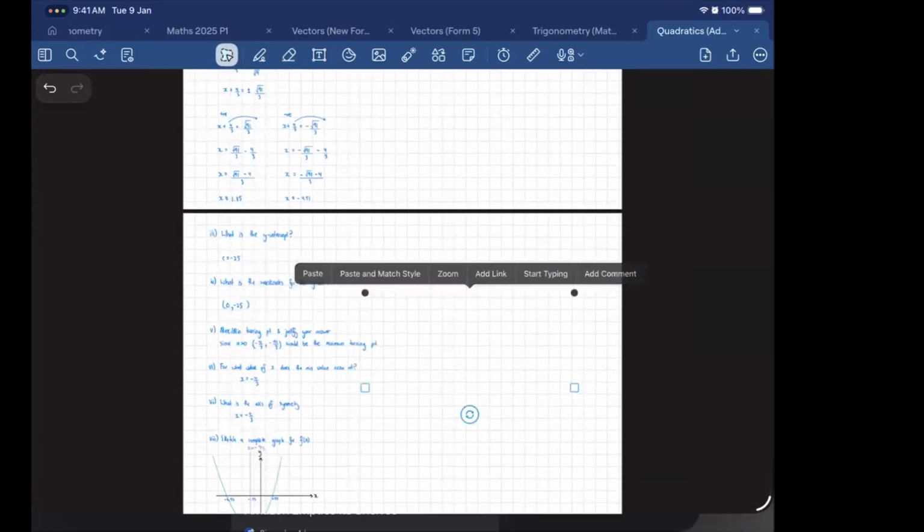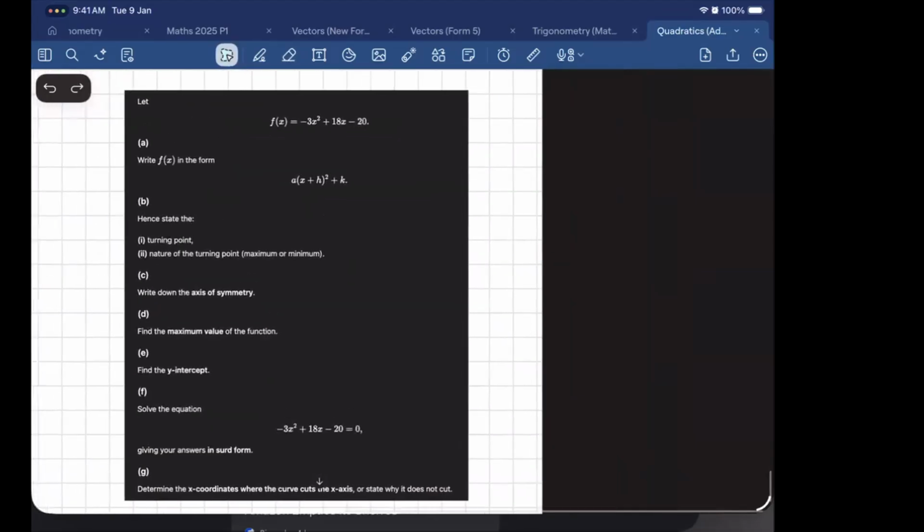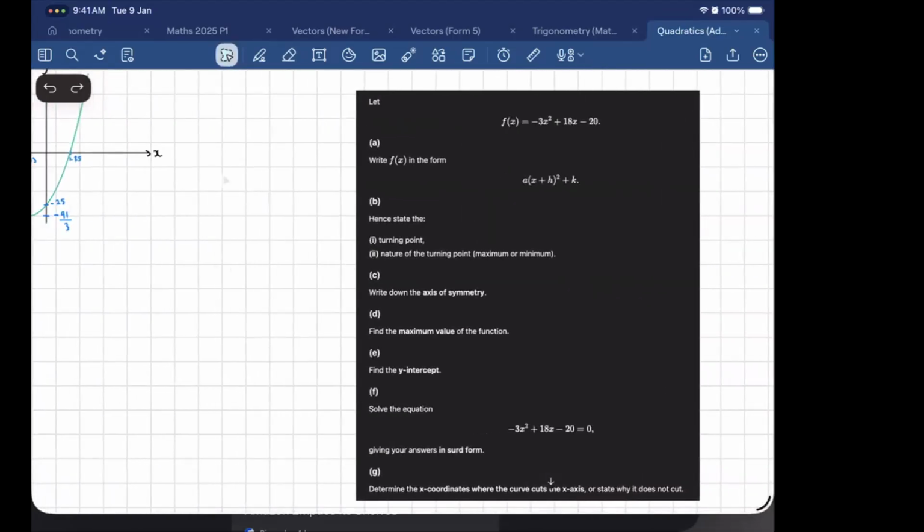Actually, I'll just put it away. Do the question with a blank slate. Try to do the question without looking at anything.